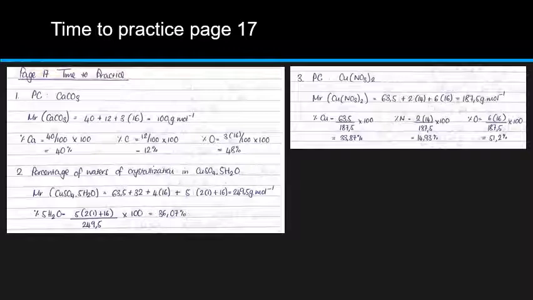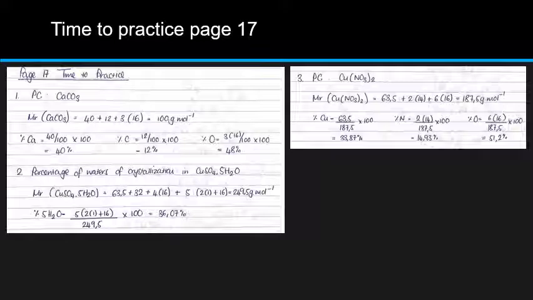From that, you just take the molar mass for the water. That is it. Grade 10s, not for the copper sulfate, just for the water. You divide it by 249.5 times by 100, and you should get 36.07%.